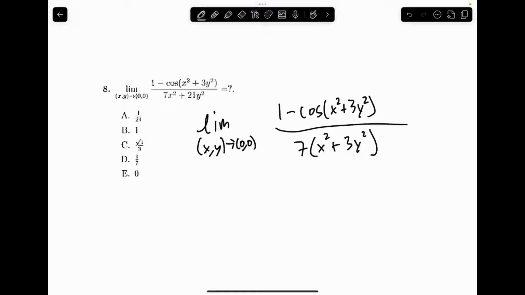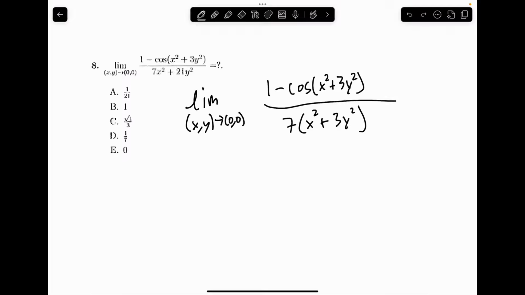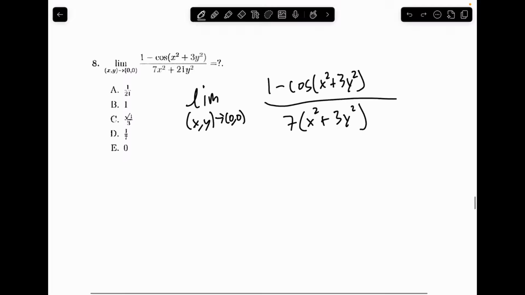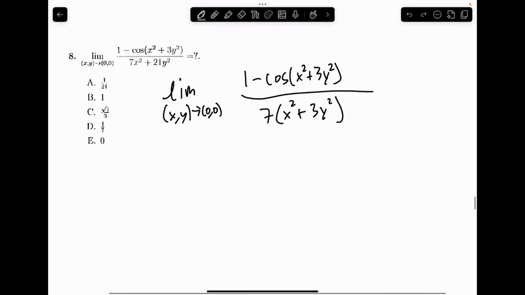I'm seeing these are lining up, so maybe we can do a substitution. Let's let this thing inside equal u, so u equals x squared plus 3y squared.